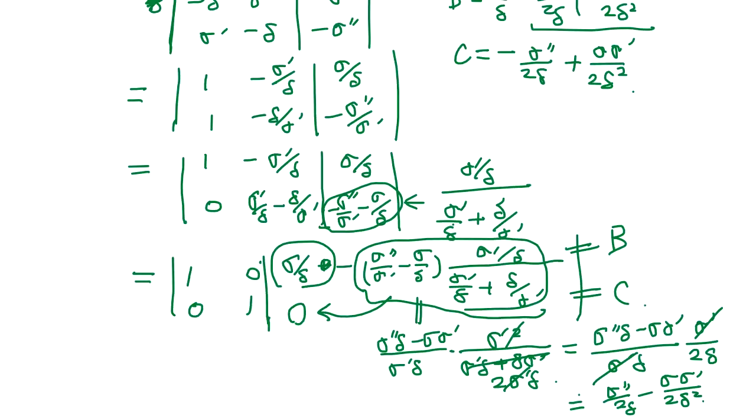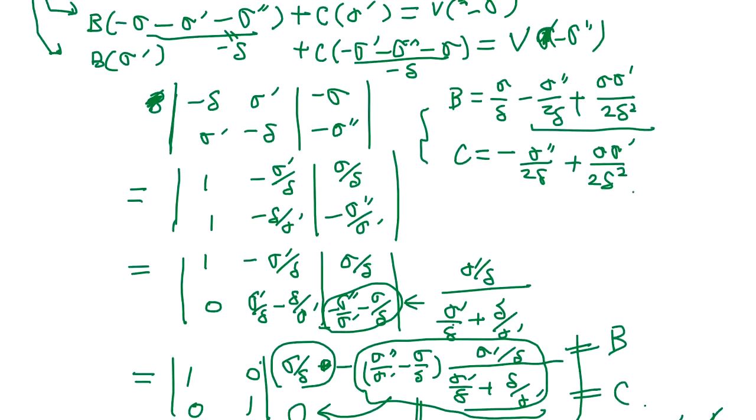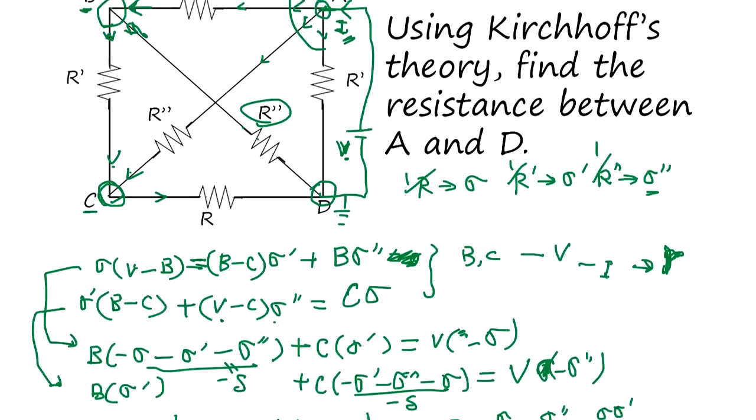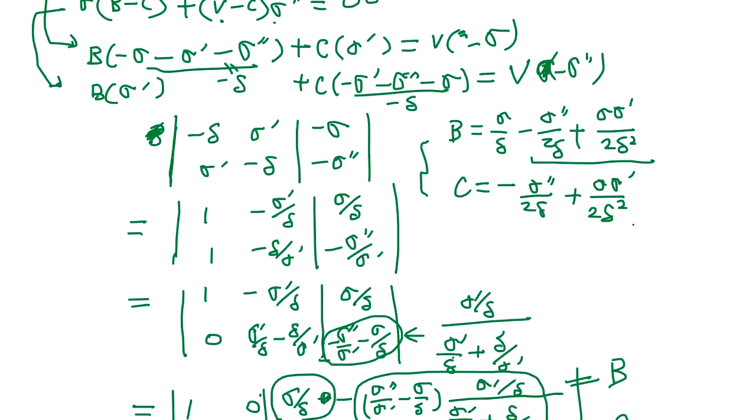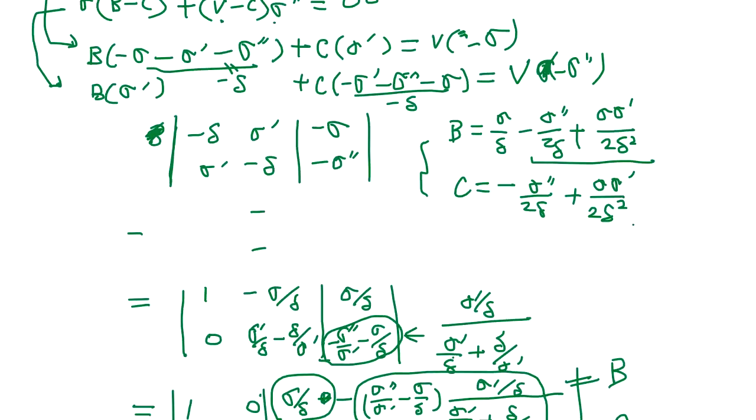So that's it. What we do is, using this B, C, the I, we're running out of space. We just clean up here. Hope I didn't make a mistake around here.